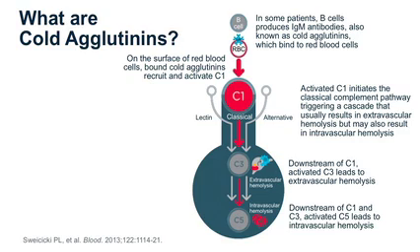This slide, which shows an immune B cell, a B lymphocyte, that elaborates a cold agglutinin, shows the sequence of events that may occur if patients form a cold agglutinin. In such patients, B cells produce immunoglobulin M antibodies. These are cold agglutinins.